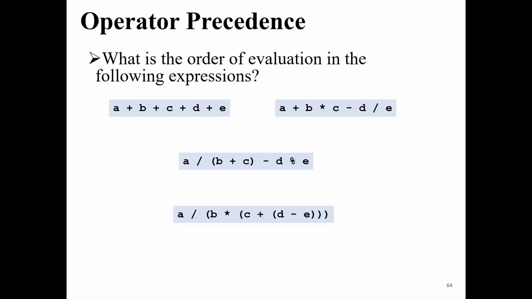If I give you these equations and tell you how they are executed in order: the first one, A plus B plus C plus D plus E, all the operations are addition, so we start from left to right. The second one, can anyone give us the order?